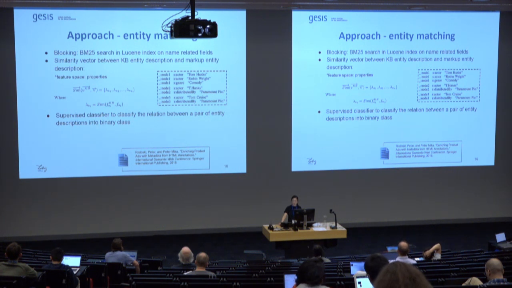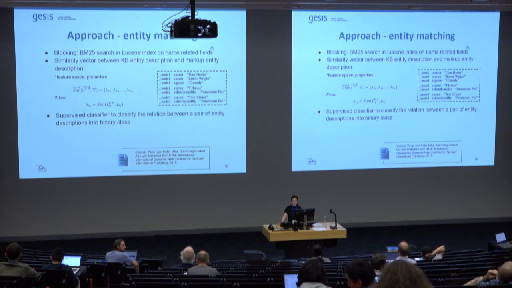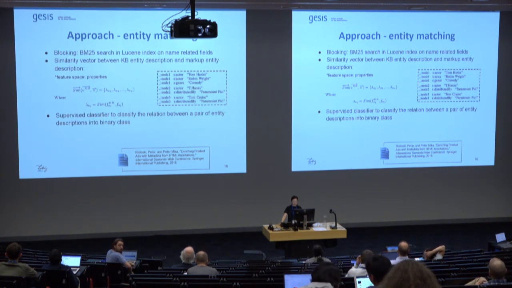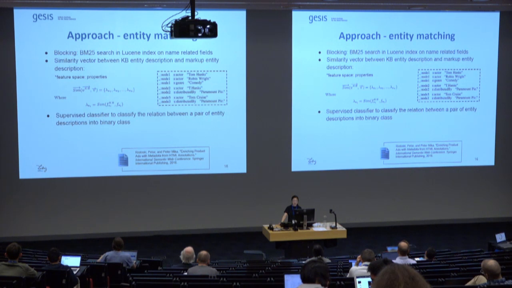We treat the properties as the feature space, because we think different properties contribute different weights when you decide if two entity descriptions are for the same entity or not. For instance, the author might have a higher weight than the publisher when you decide if two books are the same book or not. And with this similarity vector, we run a supervised classification to classify whether or not these entities are coreferent.